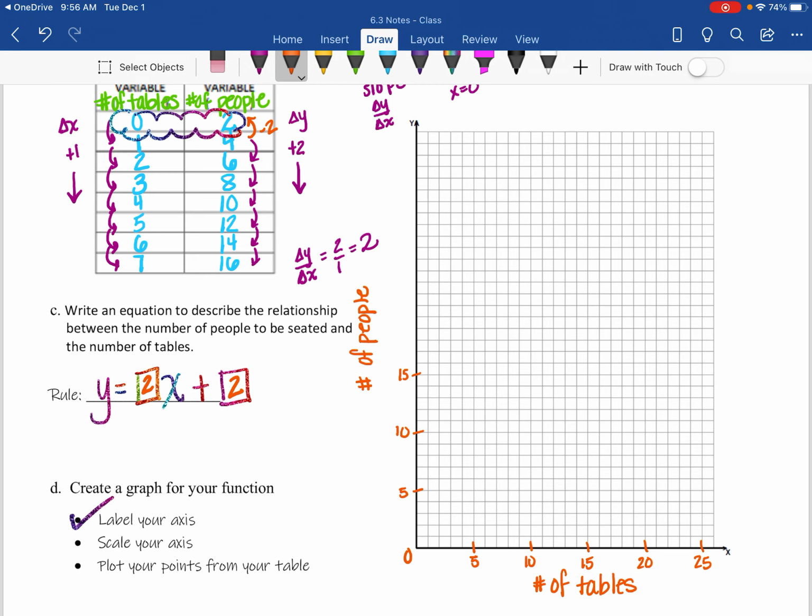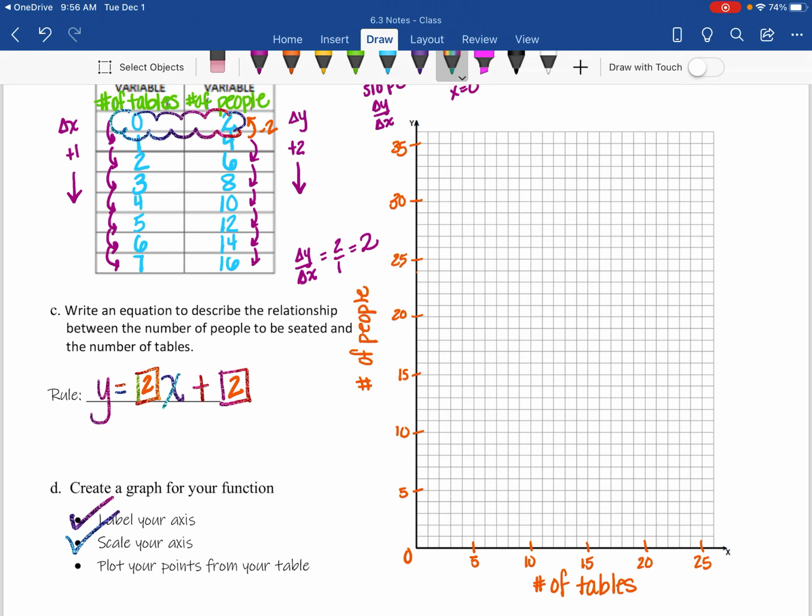We don't want it smushed. And I can get all the way up to 35. Okay. All right, so we've scaled. Now we just need to plot our points.